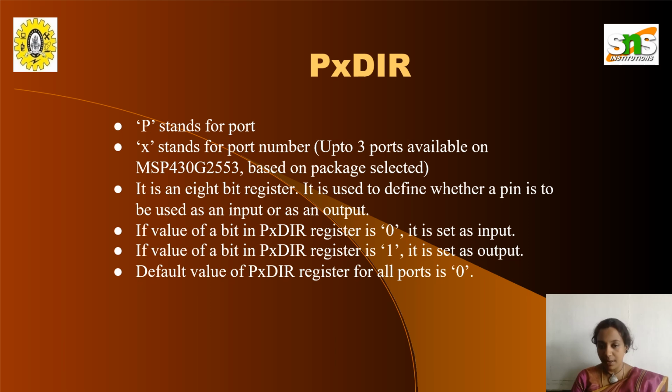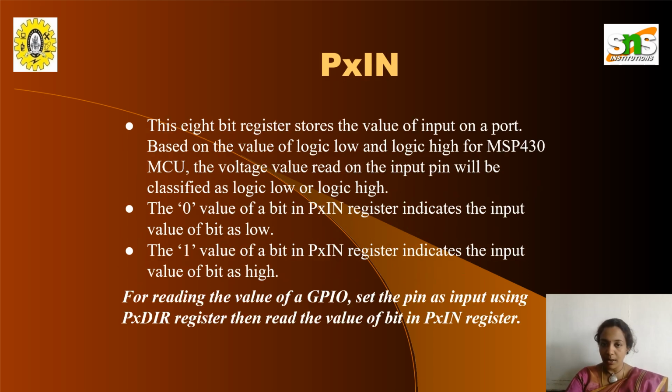In PxDIR, if the register bit is 0, then it means that we are making use of the pin as an input. If the value of a bit in the PxDIR register is 1, then it means that the pin is used for displaying the output. Default value of the PxDIR register for all the ports is 0. So by default, all the ports will be set as 0 only. But whenever we give connections, then we have to change it to 1.